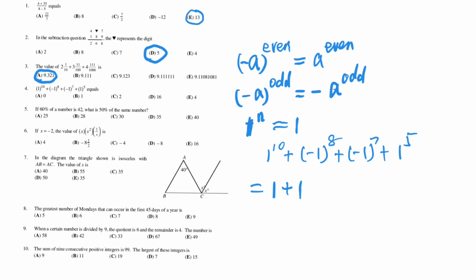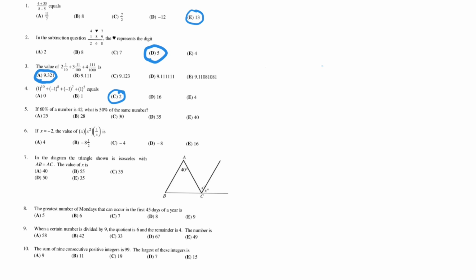And negative 1 to the power 7, 7 is odd, so definitely that's negative. And 1 to the power 5 is still 1. So 3 minus 1 is 2. The answer is C.